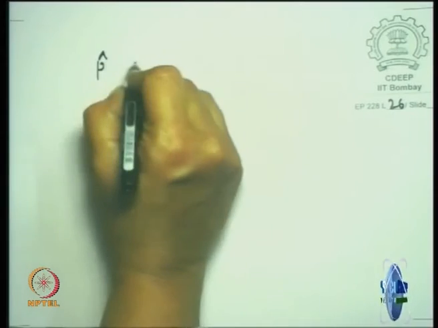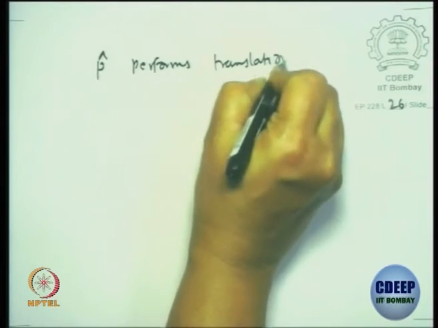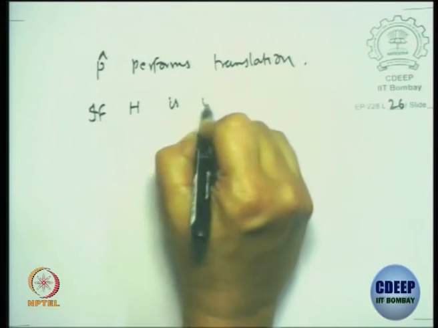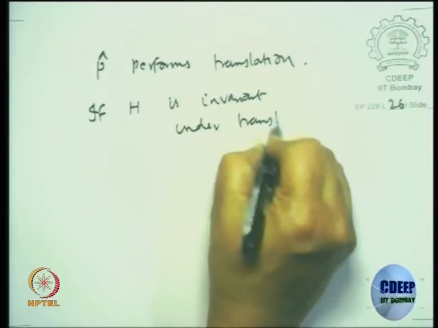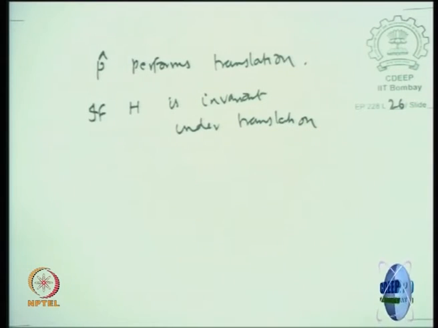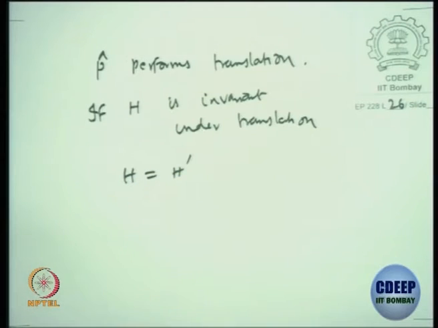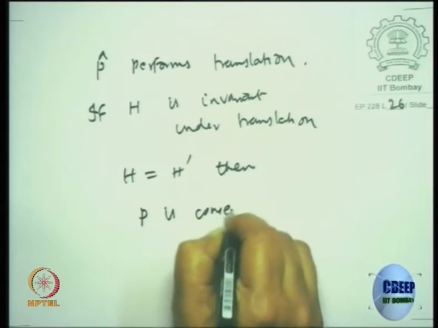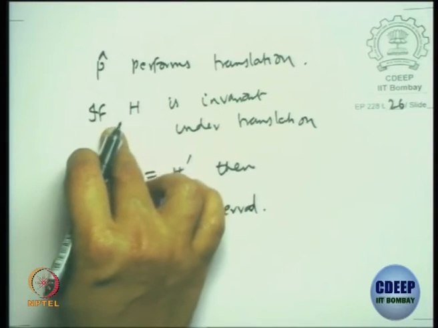So P performs translation if Hamiltonian is invariant under translation. What do we expect? H is the same as H prime. Then what is conserved? Momentum is conserved, right? So this is what we call a translation symmetry for the system.